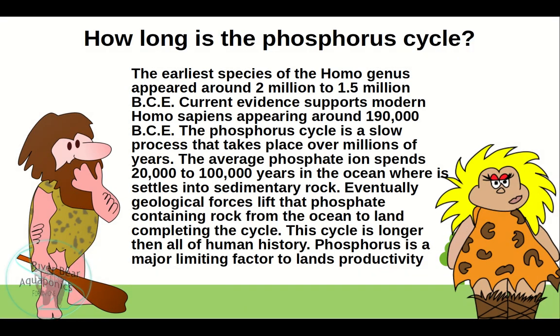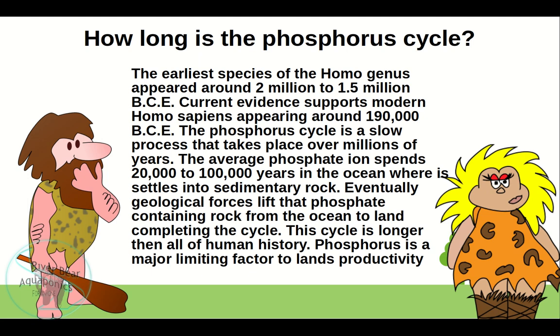How long is the phosphorus cycle? The earliest species of the Homo genus appeared around 2 million to 1.5 million years BCE. Current evidence supports that we, modern Homo sapiens, appeared about 190,000 years ago. The phosphorus cycle is a very slow process that takes over 1 million years to complete.